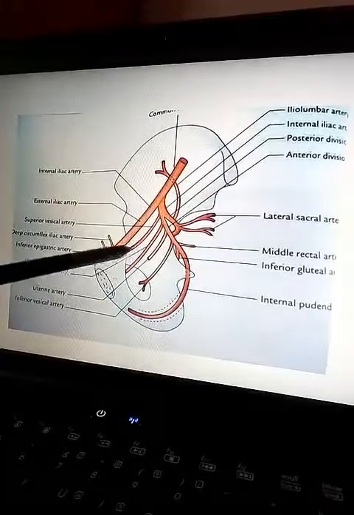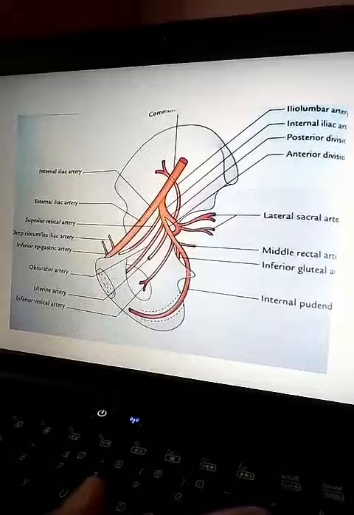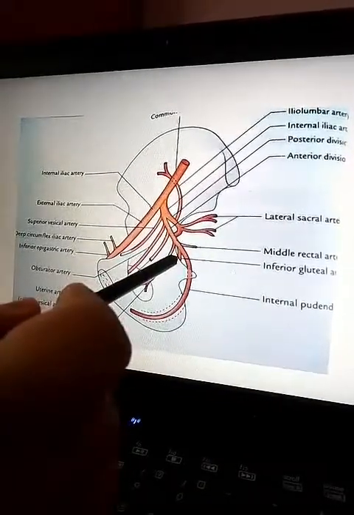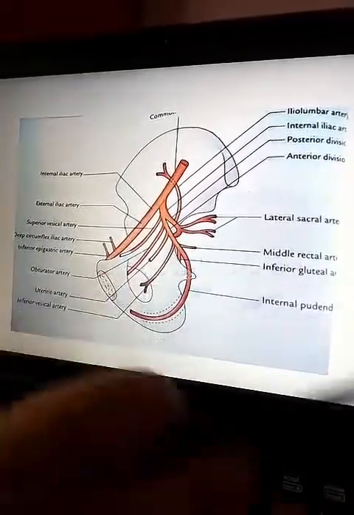Another branch is the inferior gluteal artery. This inferior gluteal artery is the largest branch of the anterior division of the internal iliac artery.